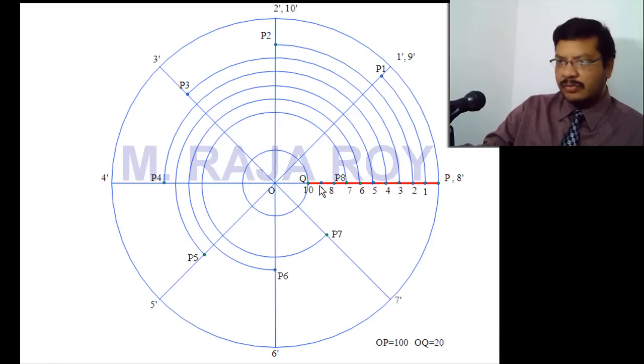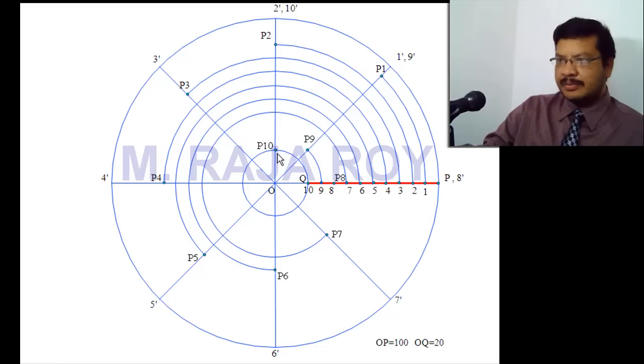Next, take O as center, O9 as radius. Draw an arc onto the O9 dash line, something like this. This point is P9. Next, O as center, O10 as radius. You have to draw an arc onto this line. So here you will get P10.